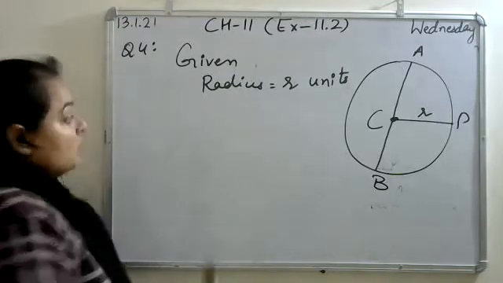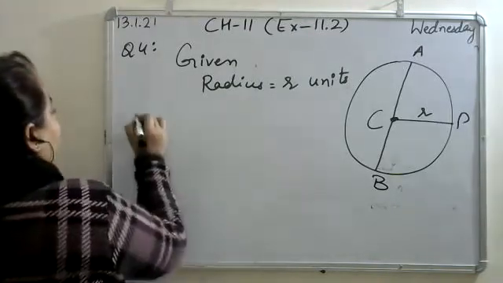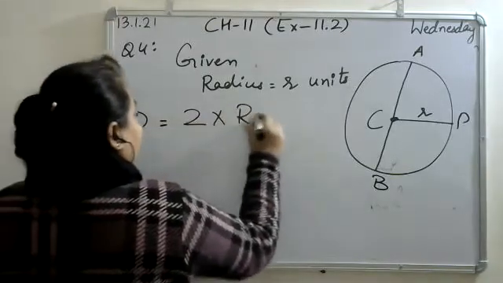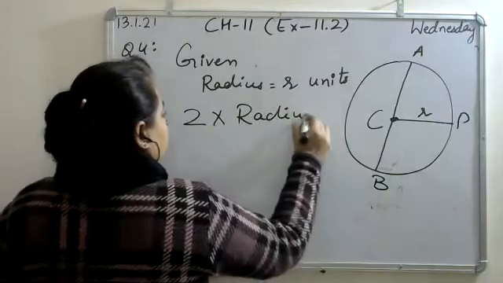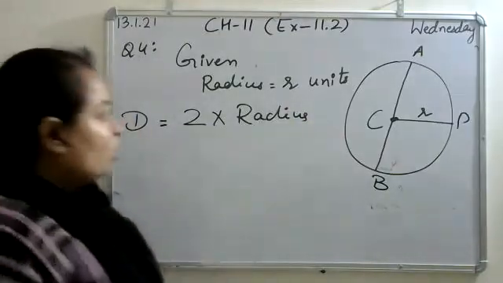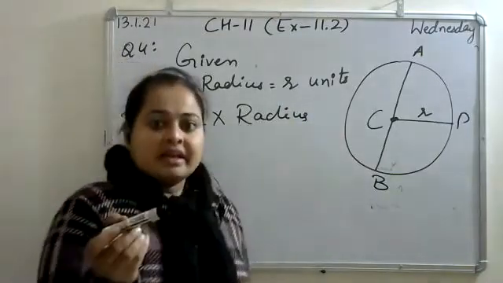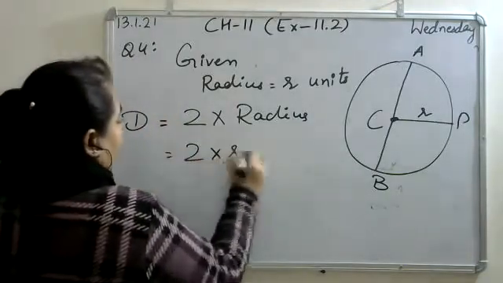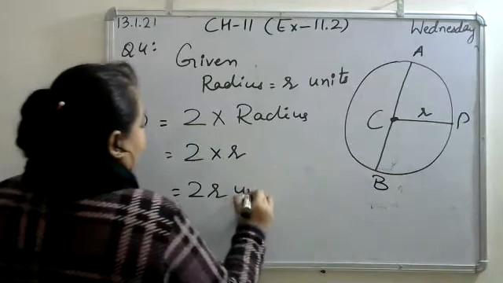Yes. As we know, diameter is equal to 2 multiplied by radius. You know, diameter is double the radius. So put the value 2 multiplied by R. So 2R units.